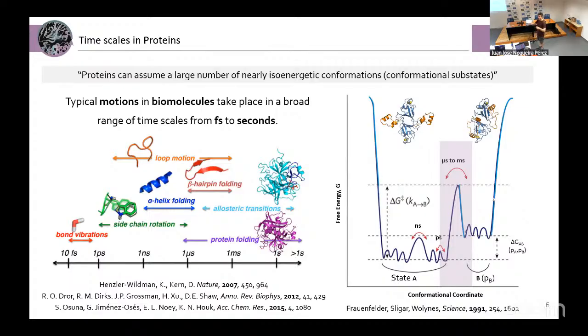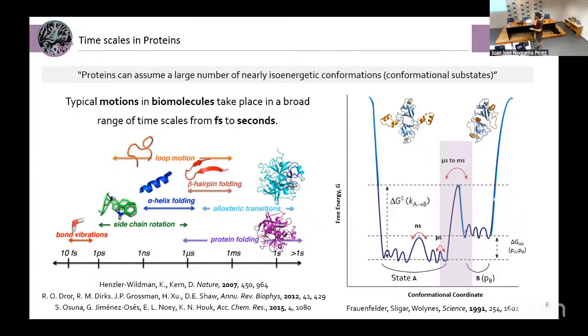But the environment of the cell or of a biological process is not the only thing that is complex. If we want to estimate a free energy change that involves a protein or a molecule, you saw yesterday in the molecular dynamics session that molecules are constantly moving, right?